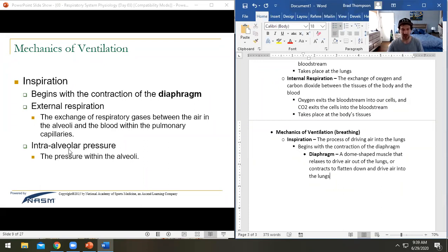External respiration, again, and there's also intra-alveolar pressure. So the external respiration is the exchange of gases in the air with your alveoli. That's taking place at your lungs, and then with your intra-alveolar pressure, there's actually a pressure gradient. Now you've saturated the inside of your lungs with all these air molecules, and you've got all these blood vessels there to pick it up, and your blood cells are there to pick up that oxygen.